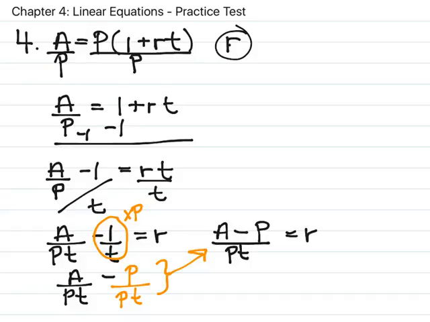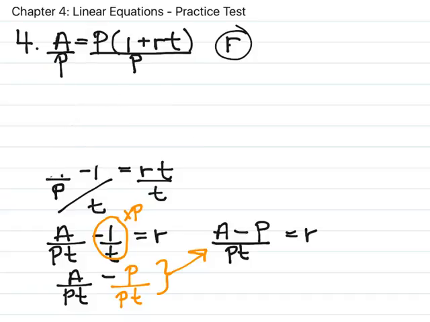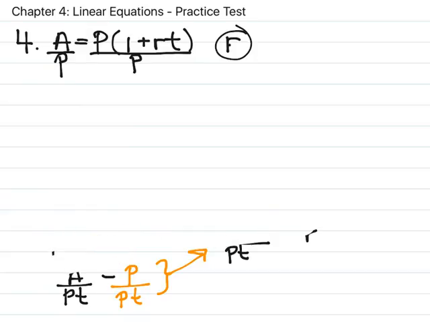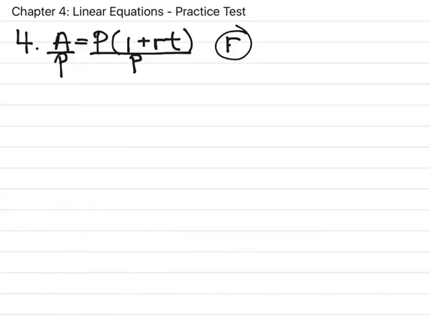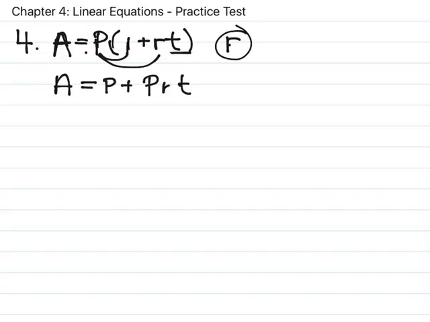You could also have done it a little bit differently. You could have chosen to multiply it out so that you could see it better. So doing it this way, again still isolating for R, it's the exact same question. We could have multiplied this out so that we had the P distributed, which would give you A equals P plus PRT.